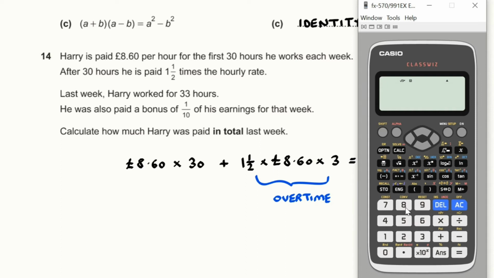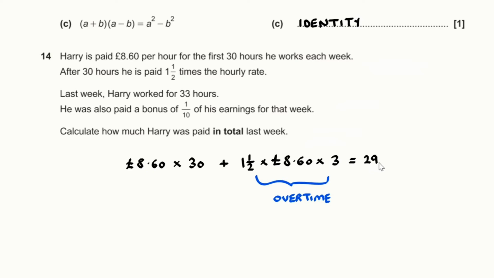So working this out, we've got 8.60 times 30 plus 1.5 times 8.60 times 3, which is £296.70.